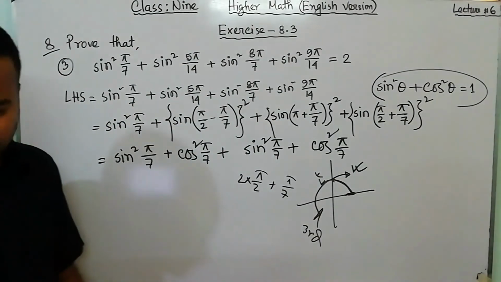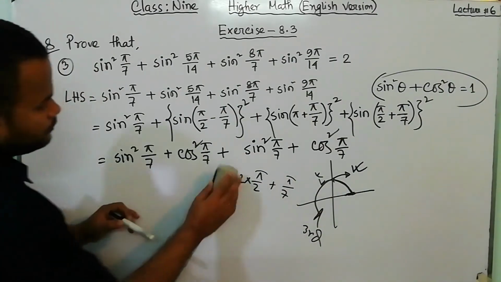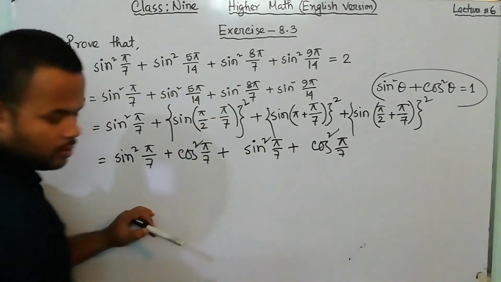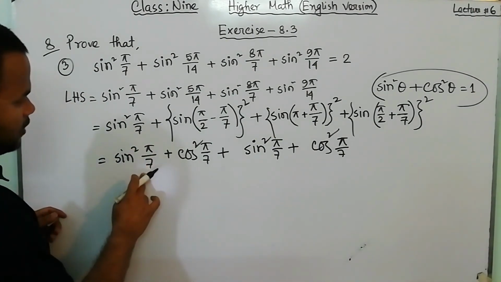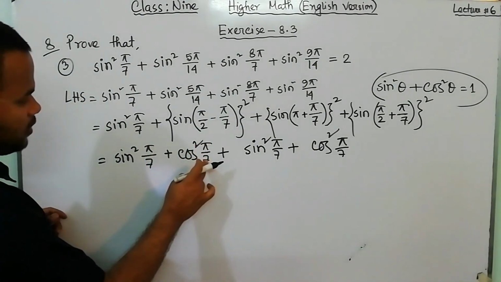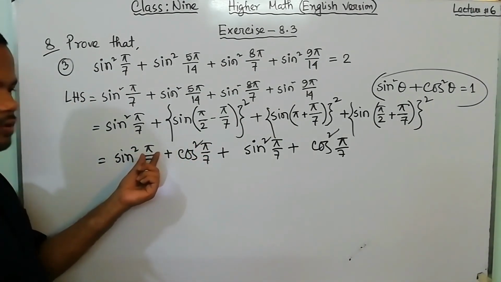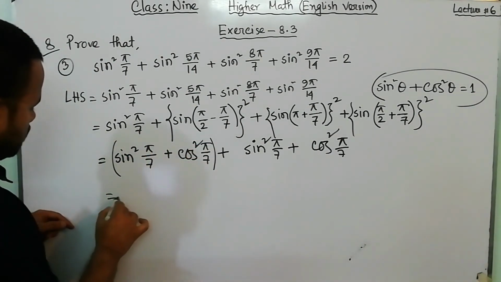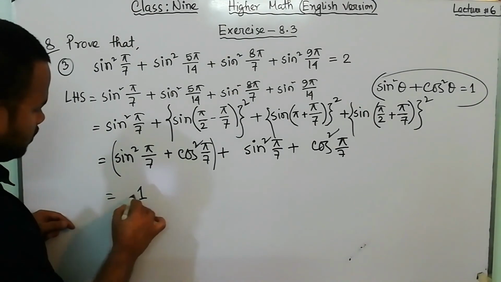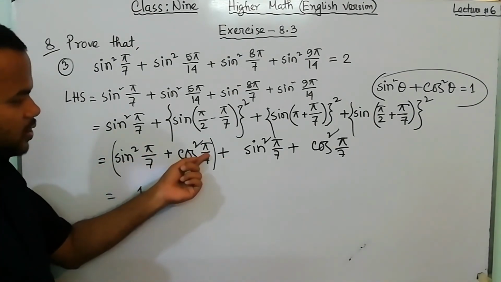Now we have here sine square theta plus cos square theta. Here theta means pi by 7. So here we can write 1, sine square theta plus cos square theta.